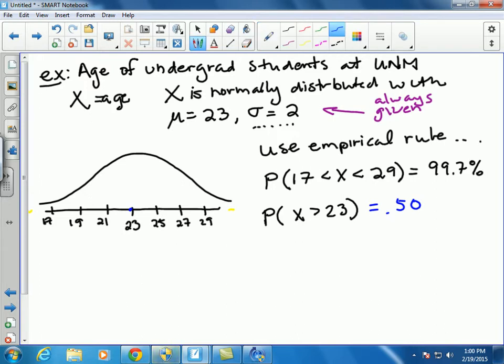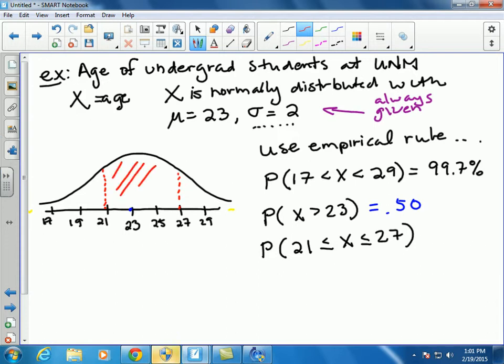What if I want to do, and this is a harder one, the probability that people are between the ages of 21 and 27? Well, that's a little bit different because we're going to have to break it up into its separate pieces, right? So the first one, I'm going to mark it here. Here's 21 to 27, and I really want how much is in this part of it.